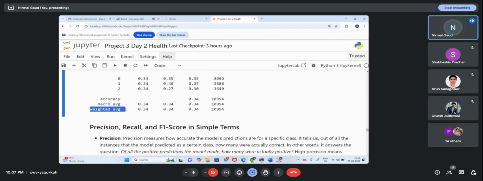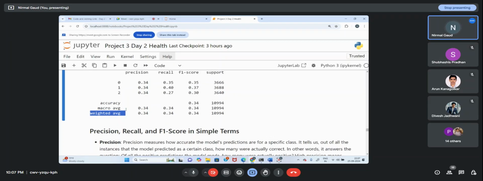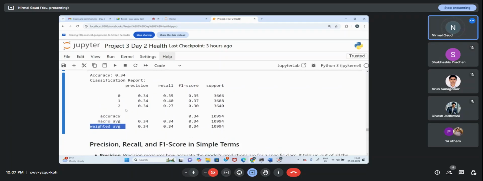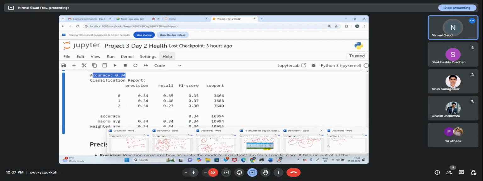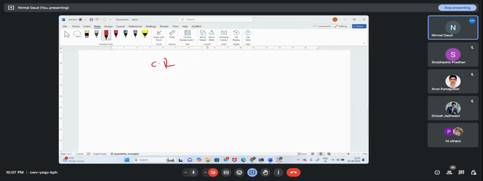Now, these are the things that, when we do classification problems, are ignored. They are ignored, but I'm not ignoring them here. I want to explain you each and everything. What's the formula for accuracy? The total number of correct instances divided by correct plus incorrect, the total.